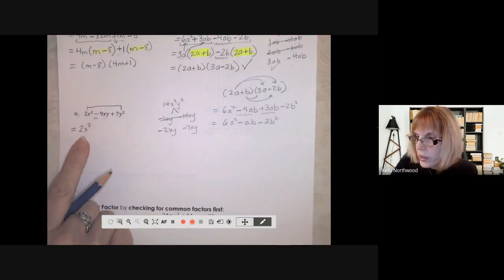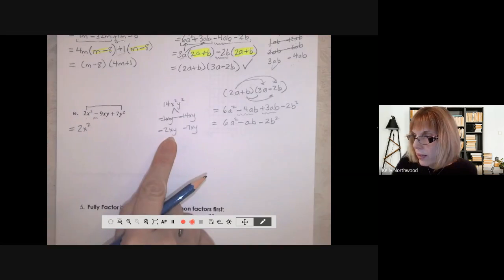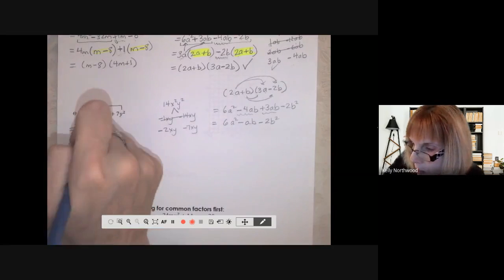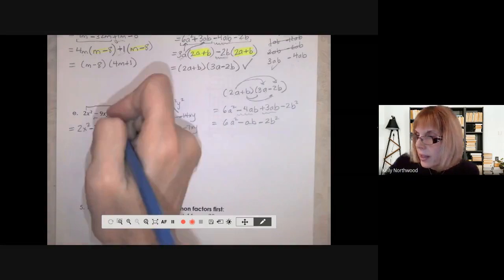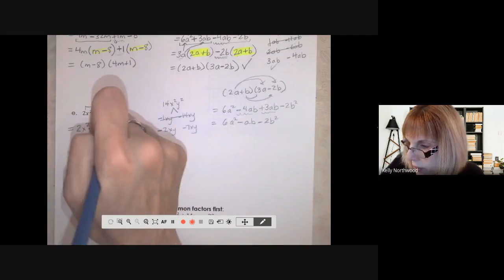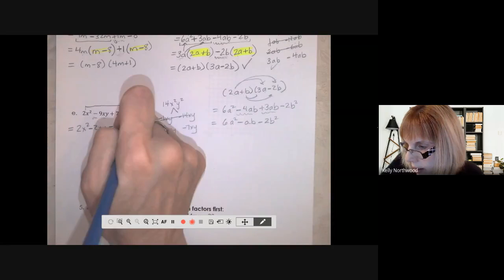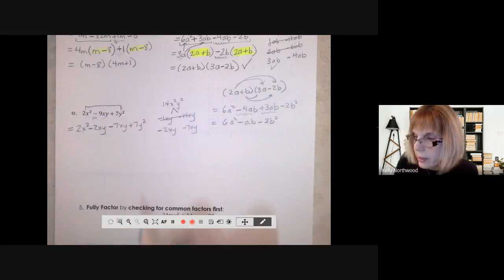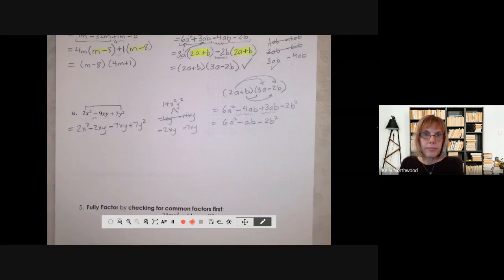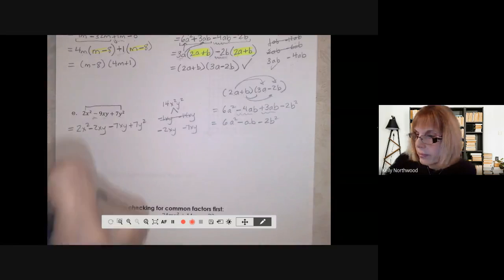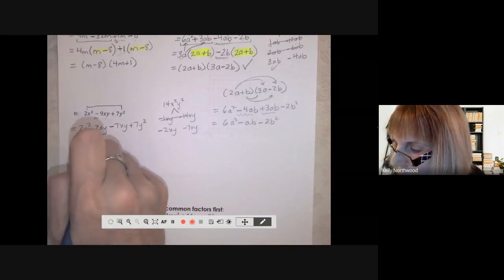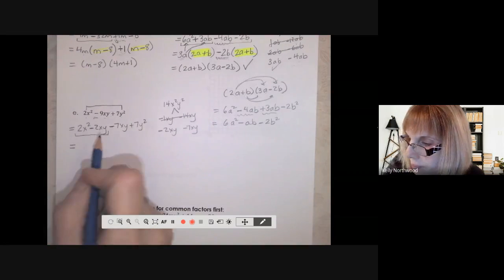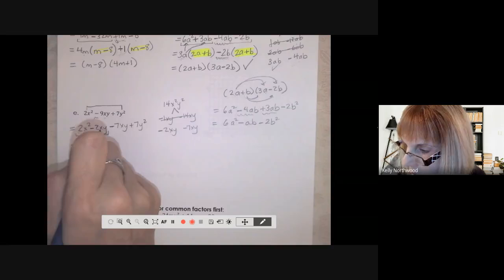So I write out the first term, 2x squared. Obviously, negative 2xy is next because they both have 2. Then I put the minus 7xy and then the plus 7y squared. All right, and then I've got factor by grouping going on here. So what's in common with the first two?